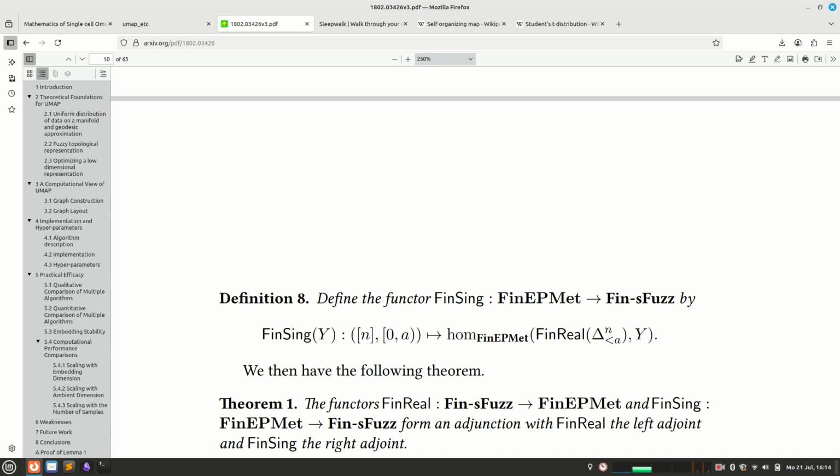A 2-dimensional simplex has 3 points, and the convex hull of these 3 points is, of course, the triangle. In 3 dimensions, it's a tetrahedron. And in 4 dimensions, well, whatever a 4-dimensional tetrahedron looks like. In general, an n-dimensional simplex is what you get if you take n plus 1 points and take the convex hull.